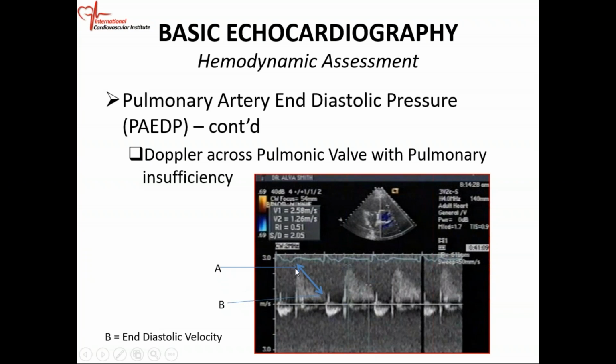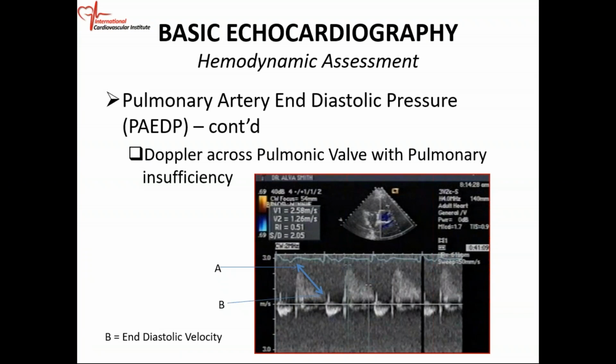You can see it, your ECG is on top. Diastole is from the end of the T wave to the QRS. So this is a diastolic phenomenon. You have an early velocity and you have your end diastolic velocity. So this is the velocity you're going to square. You're going to square it and multiply it by 4 and you'll get the gradient.